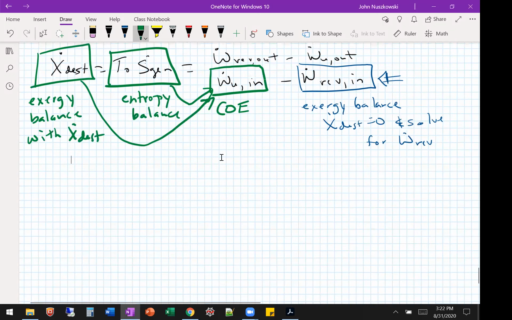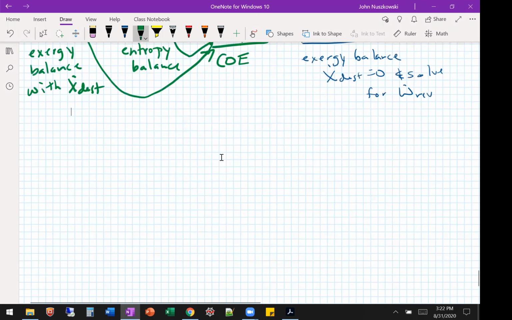All right, next thing we could do for this problem is our second law efficiency, okay?